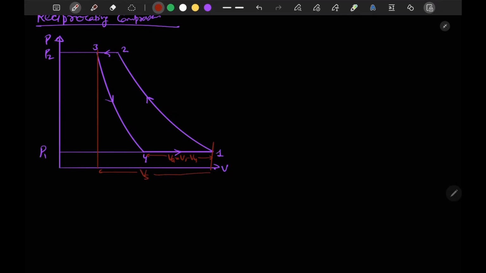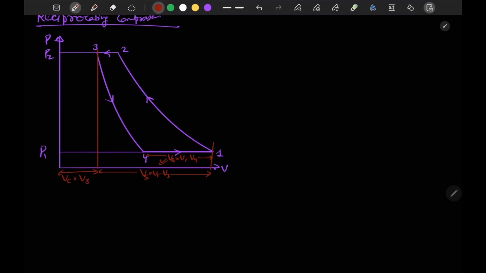This represents the motion of the piston, so the piston will cover the whole Vs distance, and this is equal to V1 minus V3. But the actual suction is V1 minus V4. Now this here is called the clearance volume, that is Vc, equal to V3.